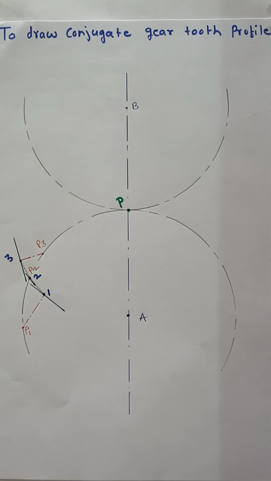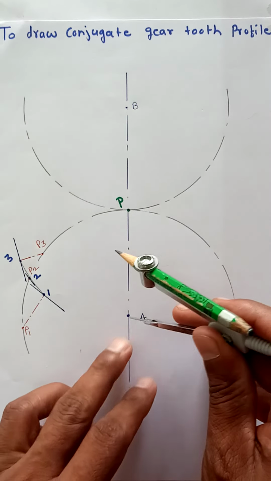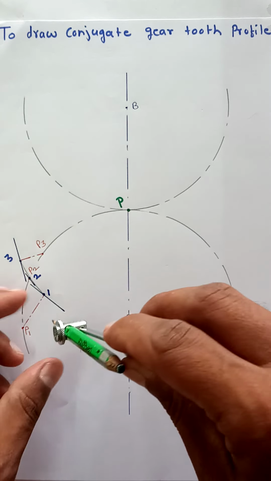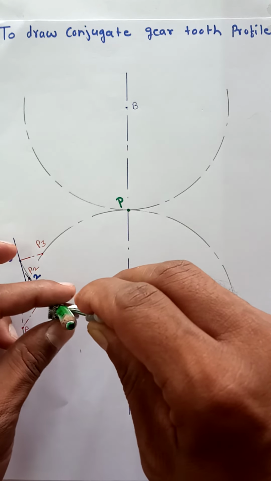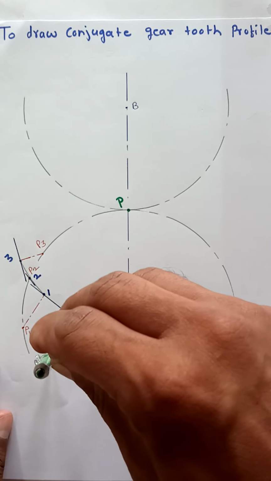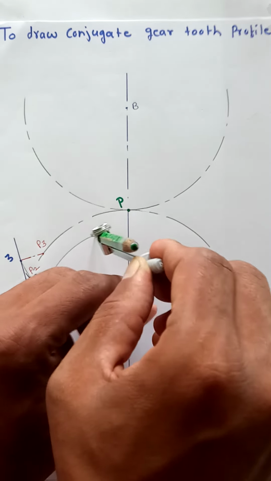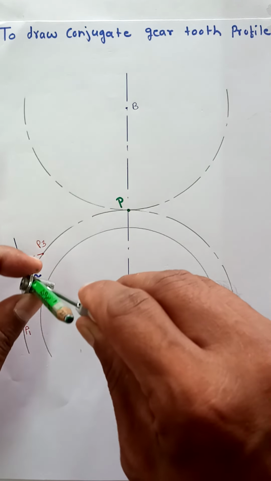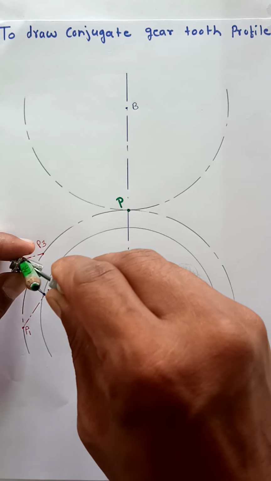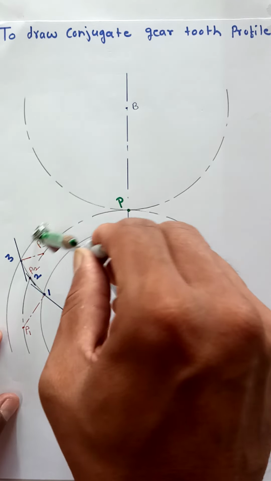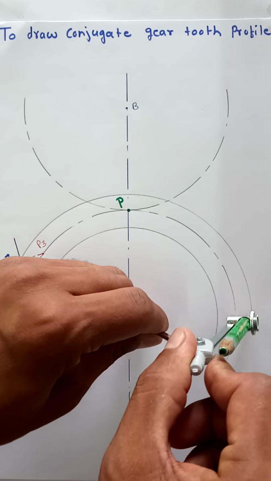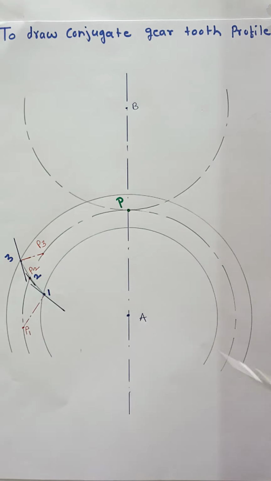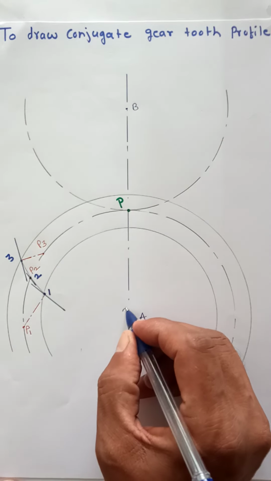Now after this, draw the circles passing through points 1 and 3 with the center at A. Here I am drawing the circle passing through point 1 with the center at A. The next circle is the circle passing through point 3 with the center at A. These circles are nothing but the path of motion of the points when we rotate gear 1 in clockwise direction.